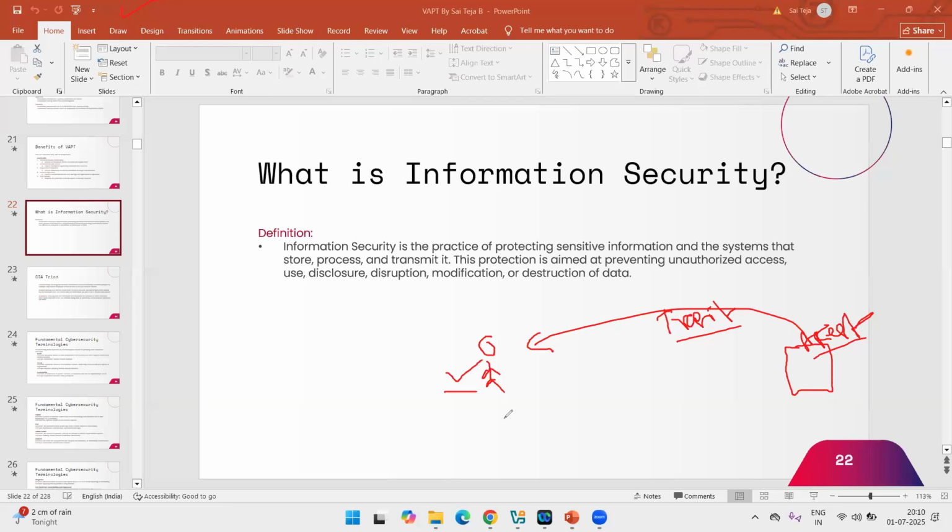Now I have to protect all the sensitive information in these three different stages by using security best practices to protect against unauthorized access, use, disclosure, disruption, modification, and destruction of the data, right?